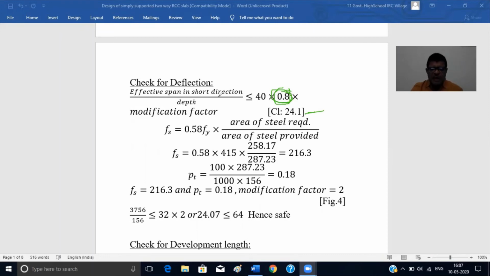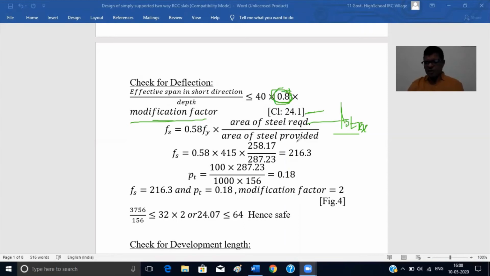So the effective span to depth ratio shall be less than or equal to 40 into reduction factor 0.8 into modulation factor. Again, to find the modulation factor, you take the area of steel in x direction. So all are taken as Ast xx. Always take the short direction, because the moment is more there, steel is more, and steel is less in y direction. So if it is safe for the more value, then for the less value also it will be safe.